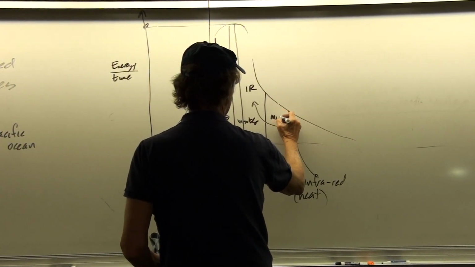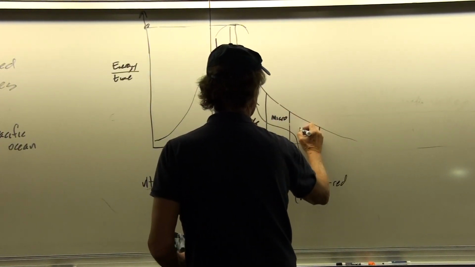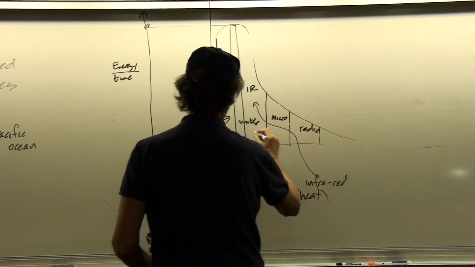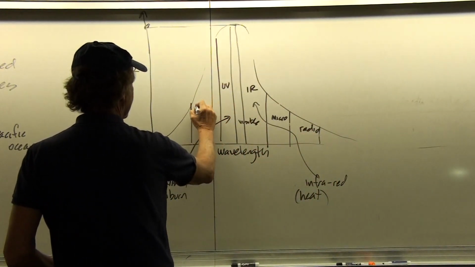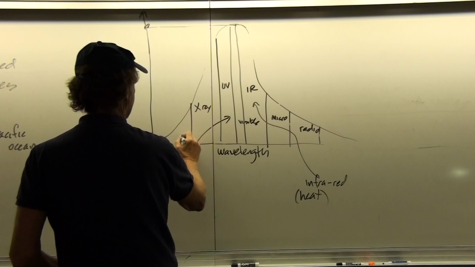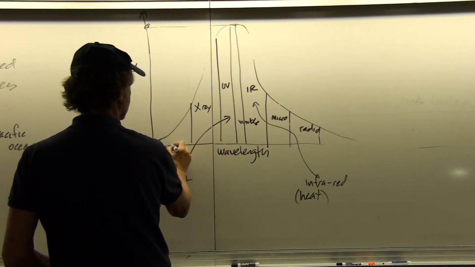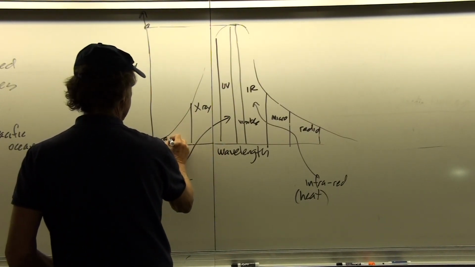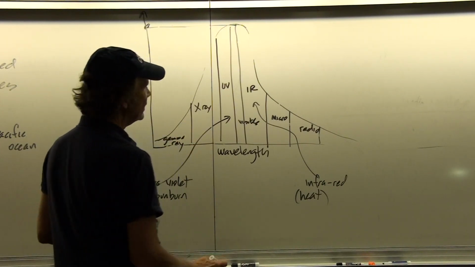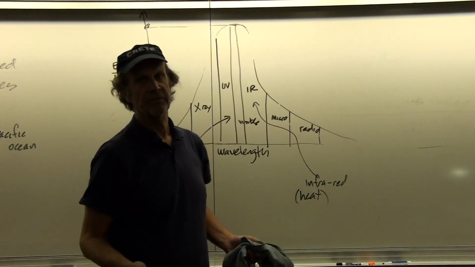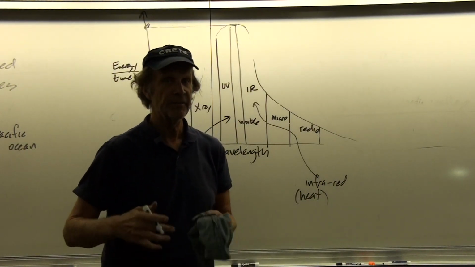This is microwave. And then here we have radio. Here we have X-ray. And then at even higher energies and shorter wavelengths, we have gamma rays.